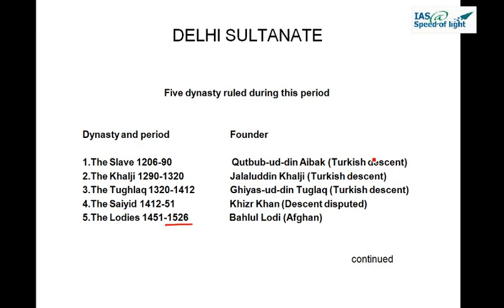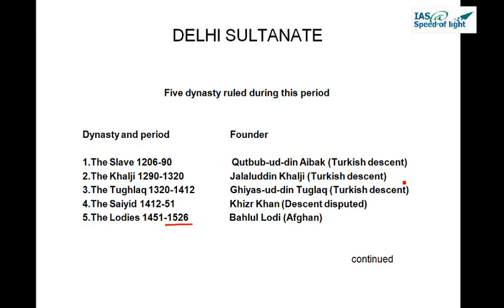First was the slave dynasty, which ruled between 1206 AD to 1290 AD, and whose founder was Qutbuddin Aibak, who actually became the founder of Delhi Sultanate as well. The second one were the Khaljis, who ruled from 1290 to 1320 AD, whose founder was Jalaluddin Khalji.